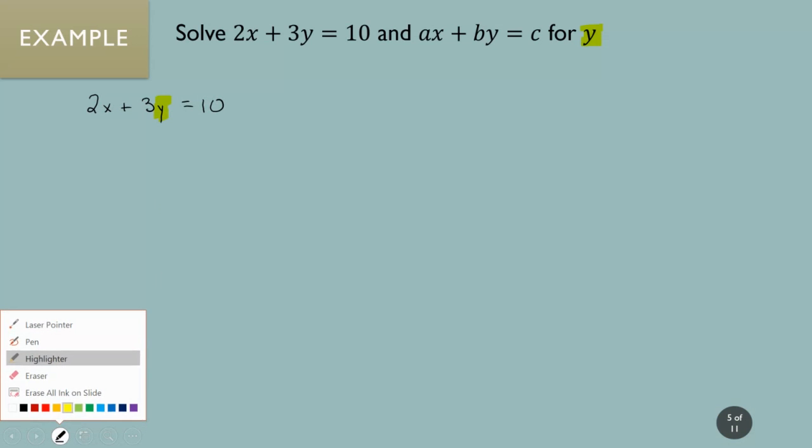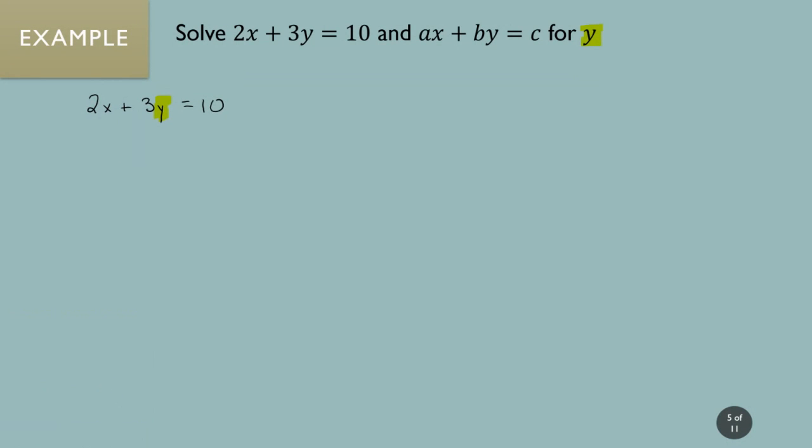We don't have any parentheses here, so we don't need to do any distributing. The first step is your addition or subtraction, where you're subtracting unwanted things or adding unwanted things, moving them to the other side. We have a 2x that's added on here. We don't want 2x on the same side as the y because we want to get the y by itself.